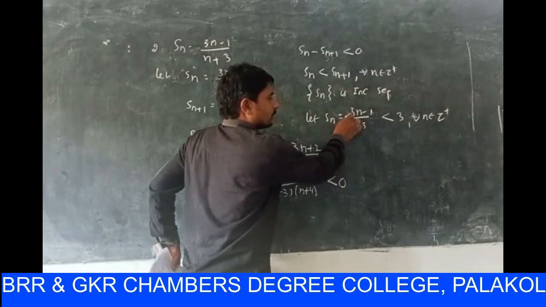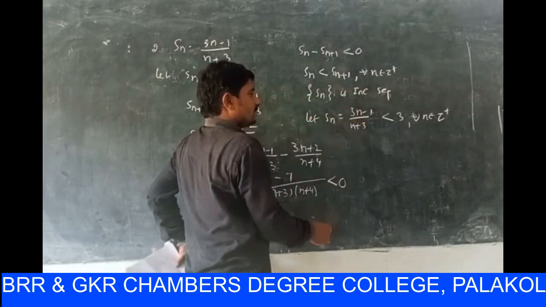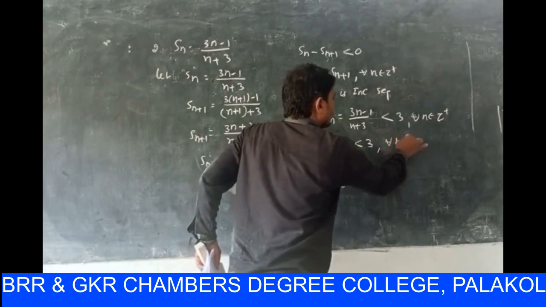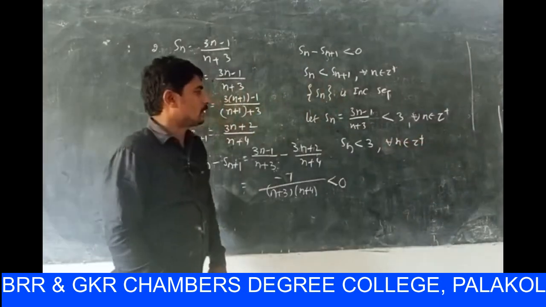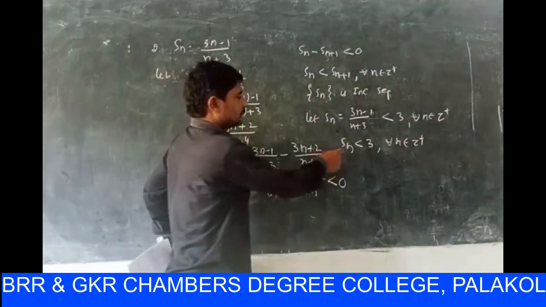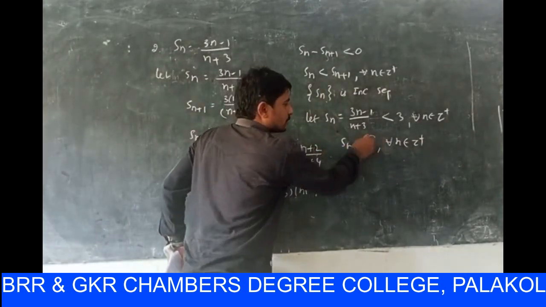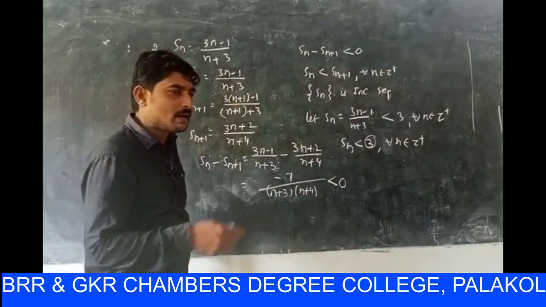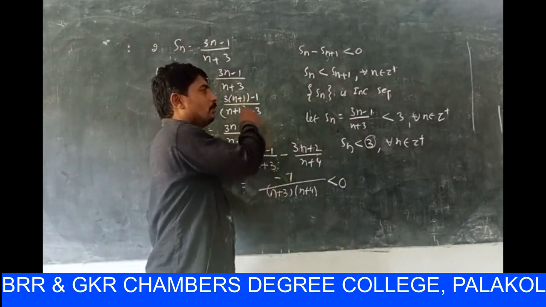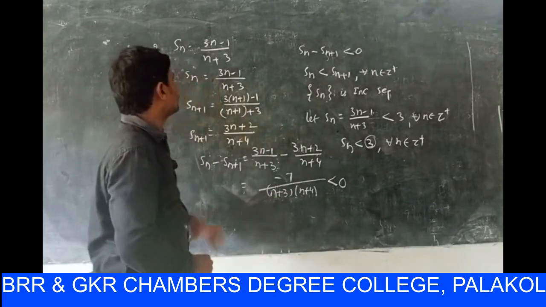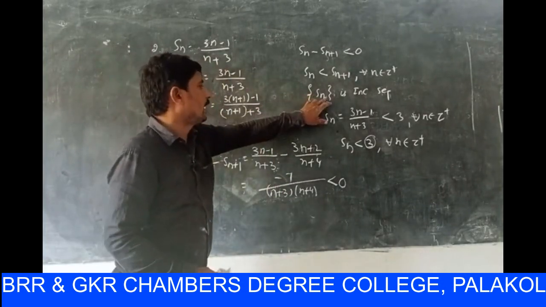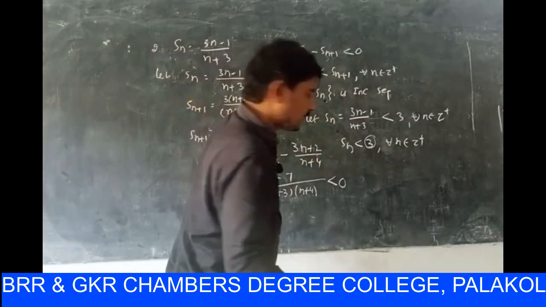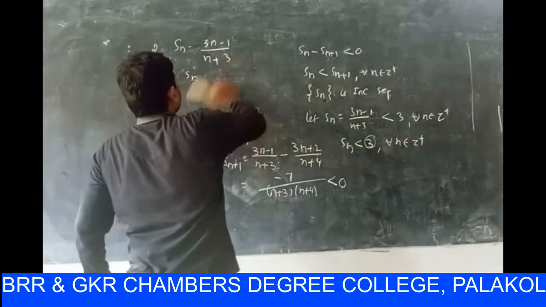That means Sn is less than 3 for all n belongs to Z plus. As per the definition, this is bounded above, so the sequence is bounded above. Clearly in this example we have shown that the sequence Sn is increasing as well as bounded above.